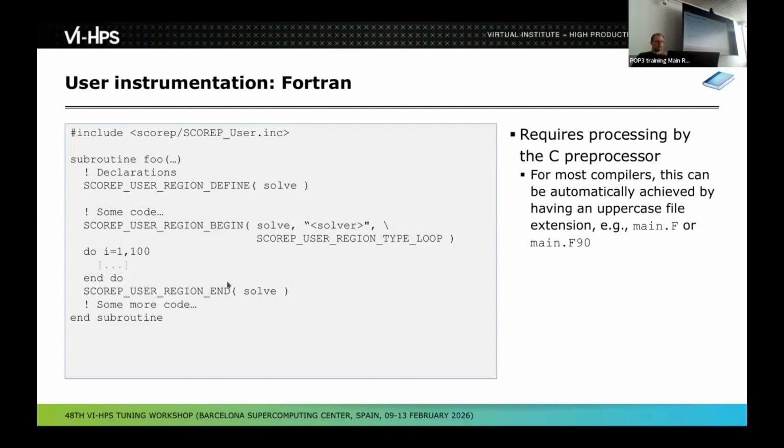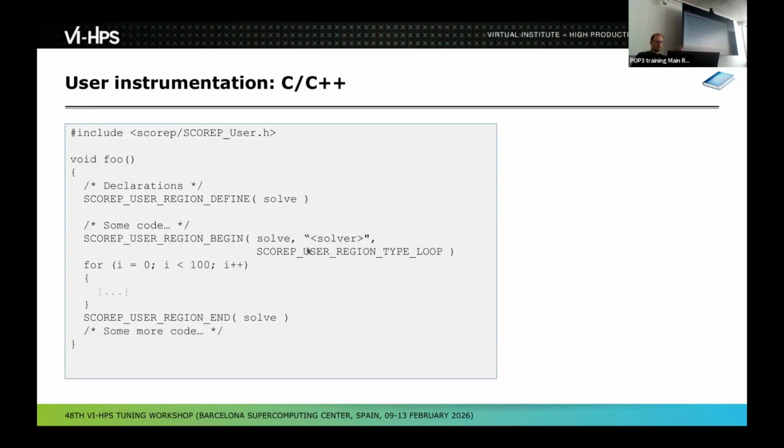For Fortran, you first make the declaration of a region with a name you choose, and then region begin and region end. You have some types if you want to identify a loop or just a dynamic region, that's fine, and give it a speaking name so that you can recognize it in your output later on.